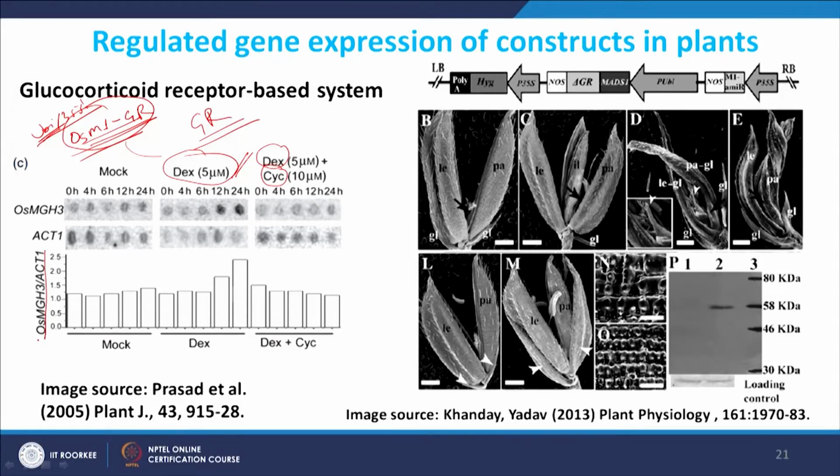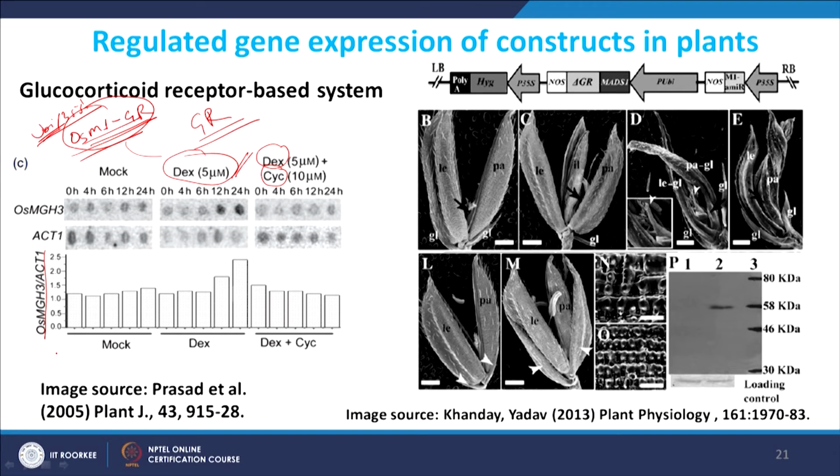This is a very important technique which you can use to distinguish between direct genes, which are regulated directly by MATS1, and genes which are a consequence of MATS1 induction. If you combine the dexamethasone treatment with the protein synthesis inhibitor cycloheximide, take the example of OSM-GH3, which, as I said earlier, is one of the genes regulated by MATS1.